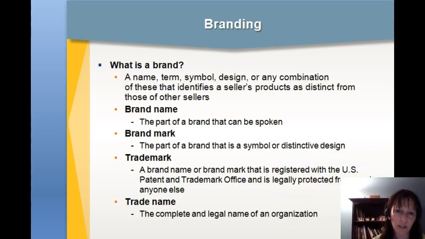Branding is very important in marketing, and when we think about brand, it's a lot of the intangible things. I mean, there are tangible things because usually there's a logo or a symbol that helps consumers identify a certain product brand, but there's also a lot of intangible parts of it. So there's the brand name, the brand mark, trademark, and the trade name.